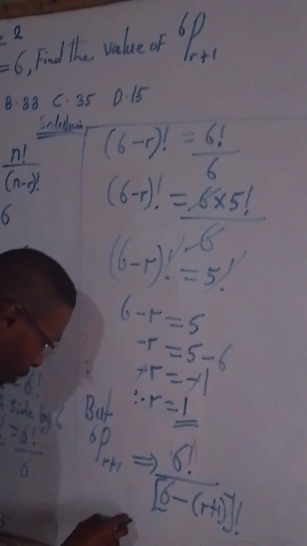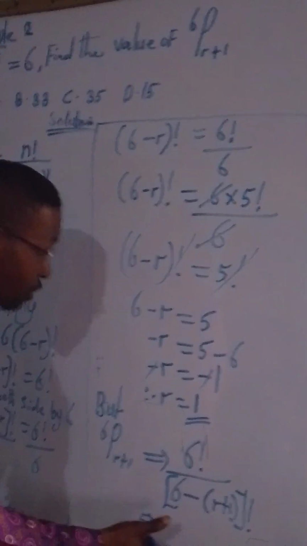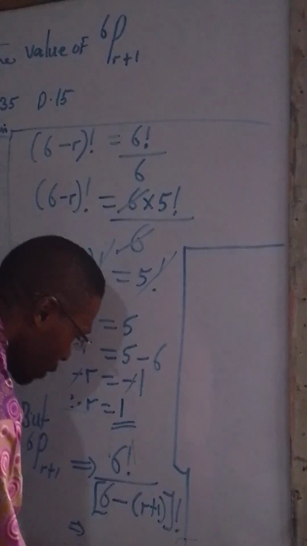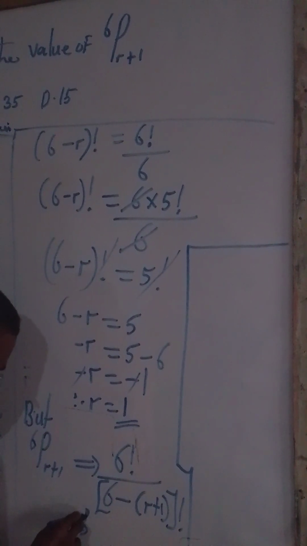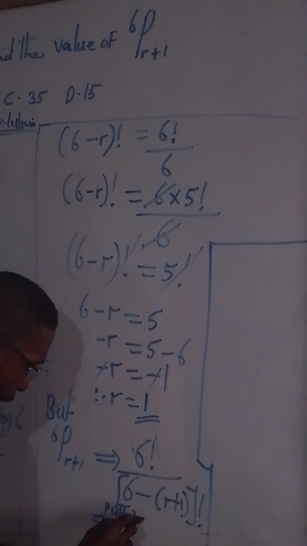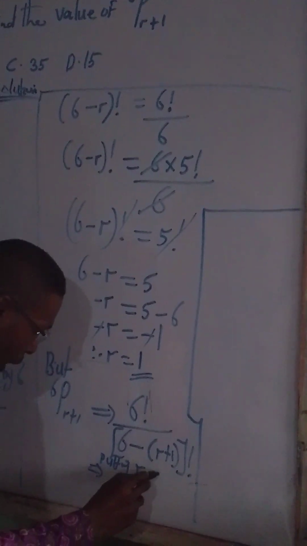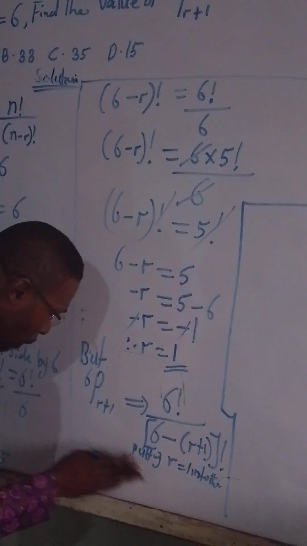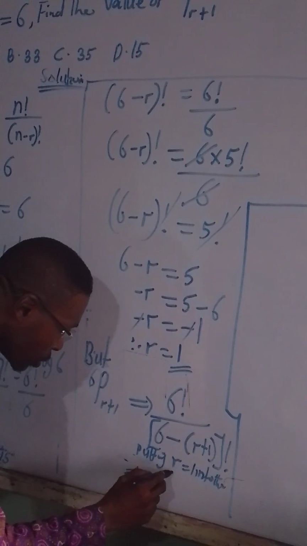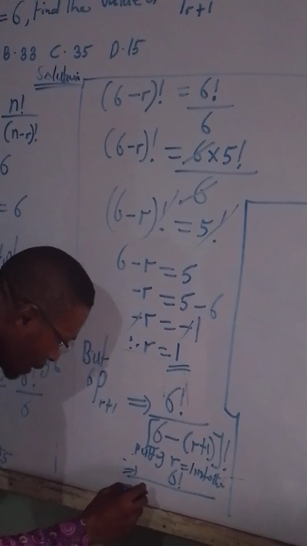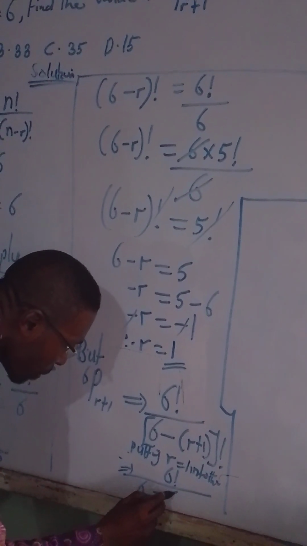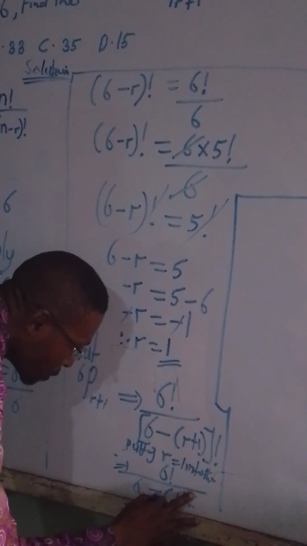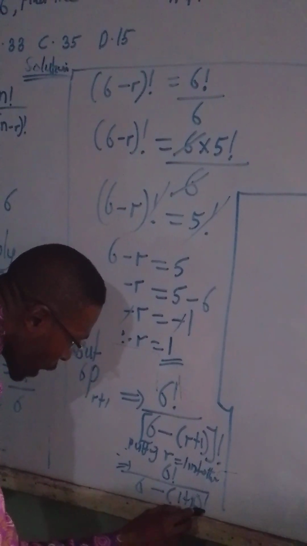Now we put r equal to 1 into the equation. For you to put this here, it will be 6 factorial divided by (6 minus (1 plus 1)) factorial.